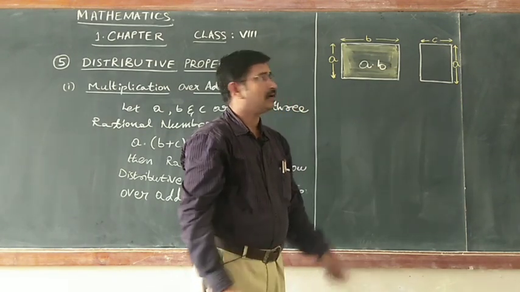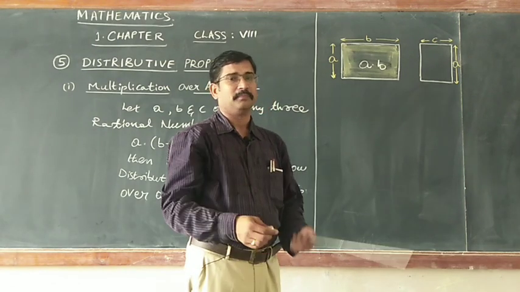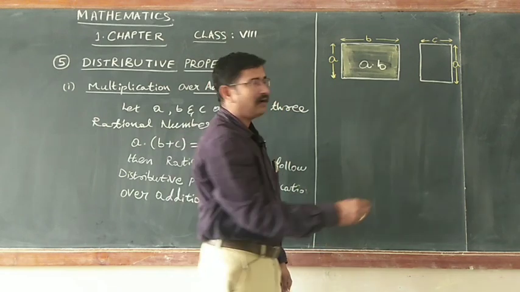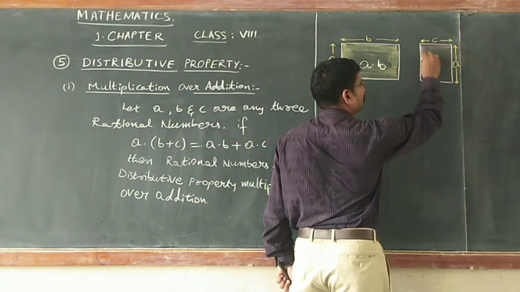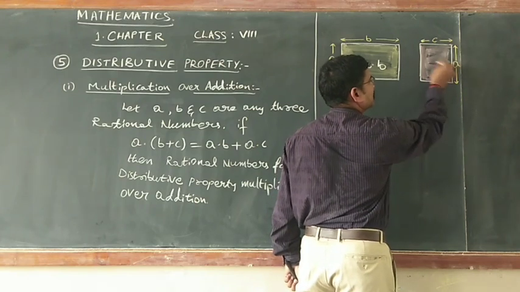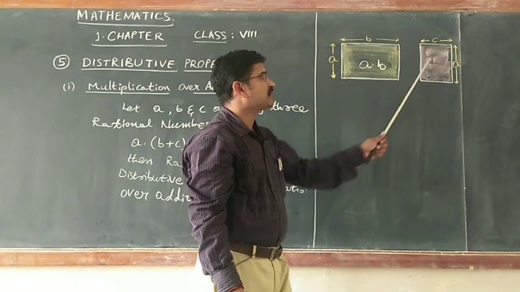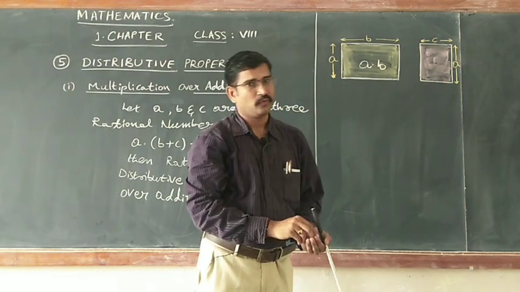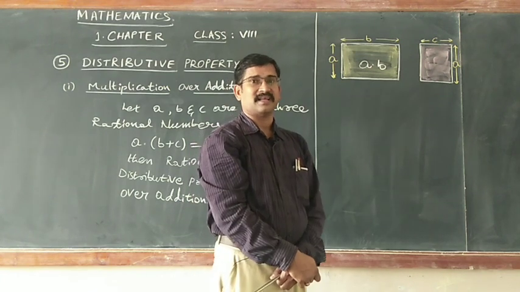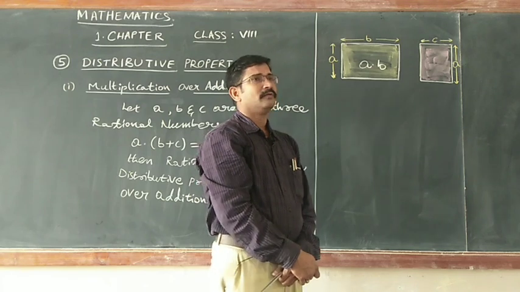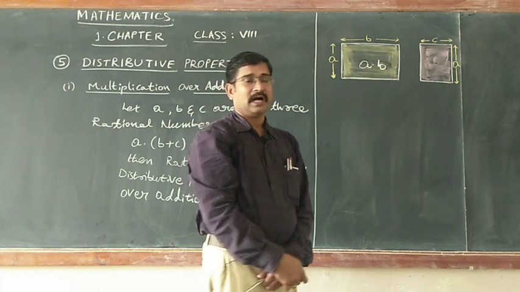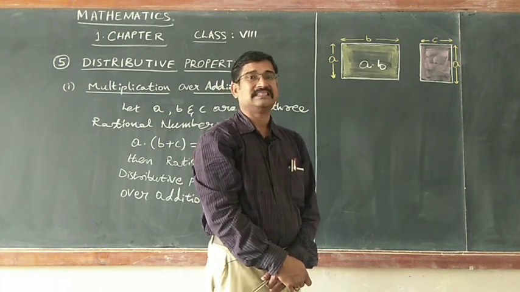Similarly, I have another rectangular region, rectangular piece, to which I can find area. If I want to find area, that is the region bounded by it, I must know its dimensions again. If I want to find the two dimensions of it, then I must either go for measuring it or I have to use some common sense. Here for your understanding, I will take one word called juxtaposing.